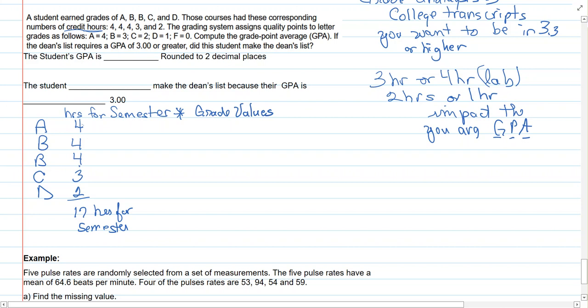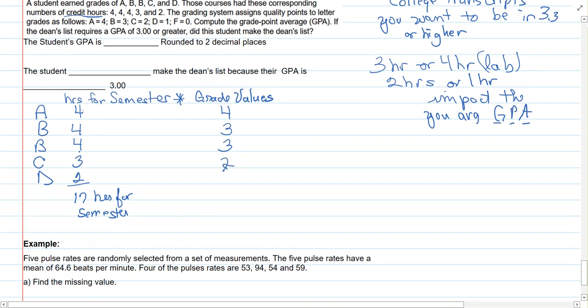So in this case, it said the grading system assigns quality points to letter grades as follows. A is a 4. Okay, so he got one 4. B is 3. Well, he got two B's. C is a 2.